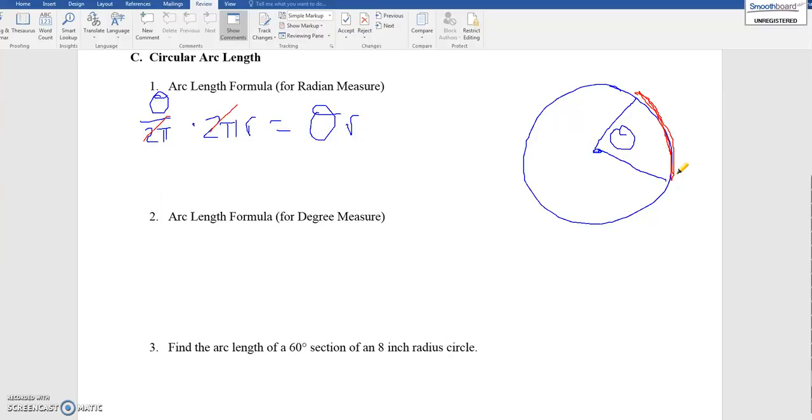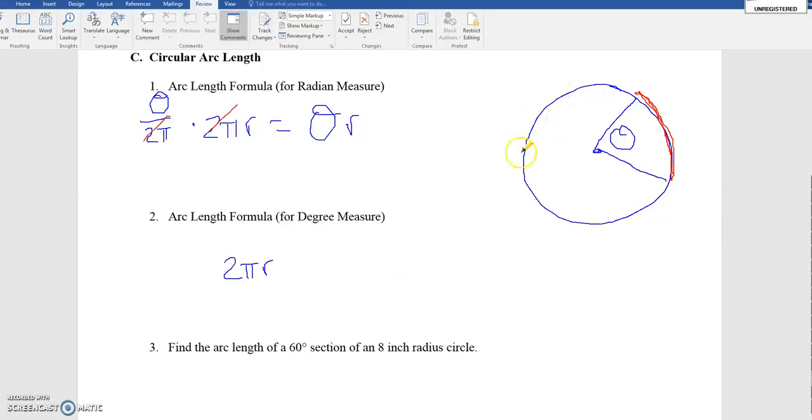Okay, moving on to the second point, arc length is just a little bit more complicated. If we're in degree measure, my fraction is a little bit different. It's still got the same setup, so I still want to think about 2 pi r.